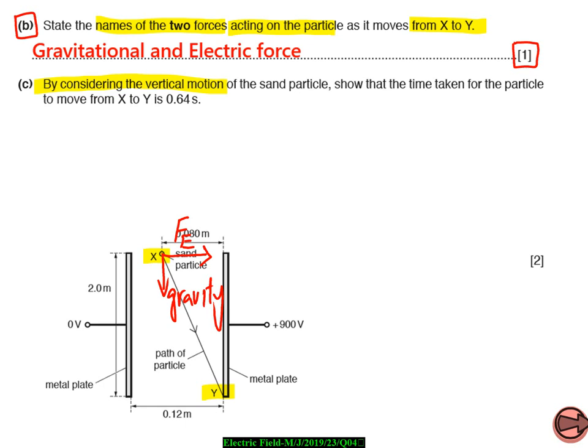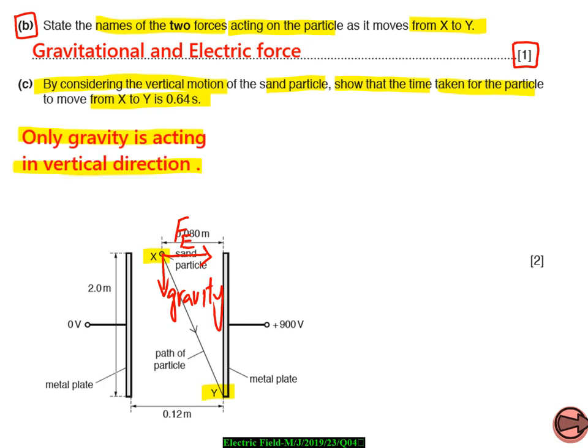As we only need to consider vertical motion, along the vertical there is only one force acting, that is gravity. This is a very important piece of information we need to understand to answer this part of the question. So now let's write down what is given to us and what we need to find.